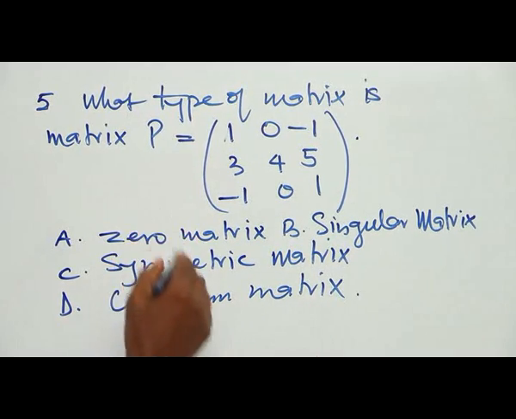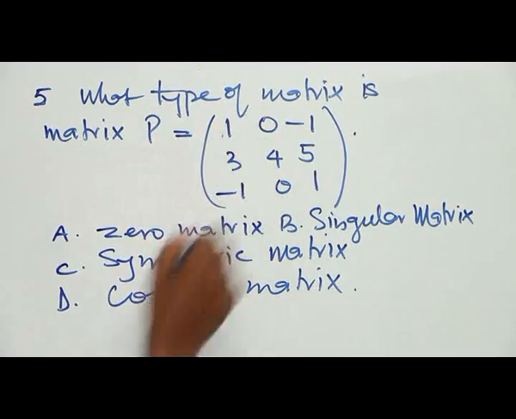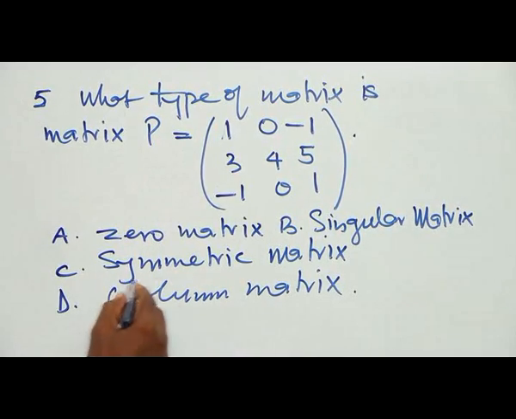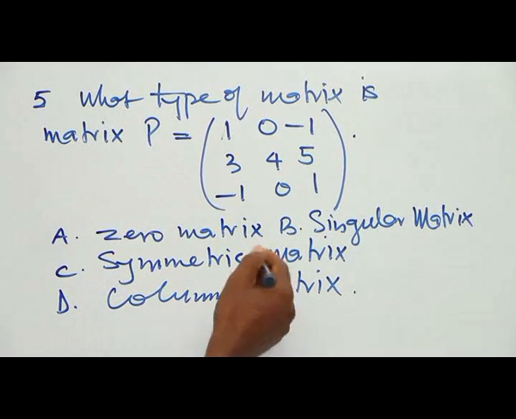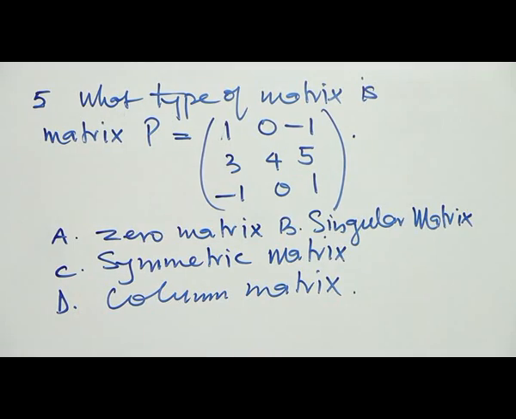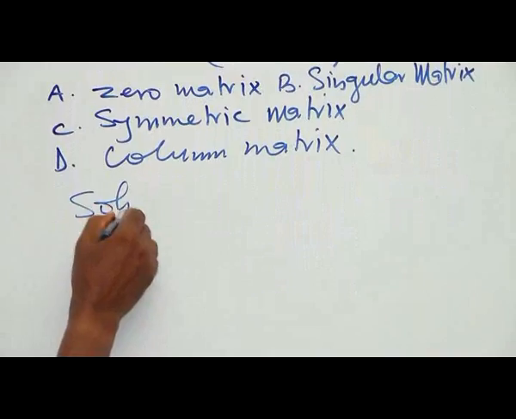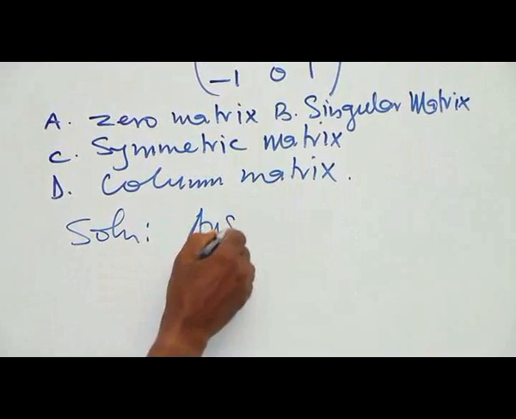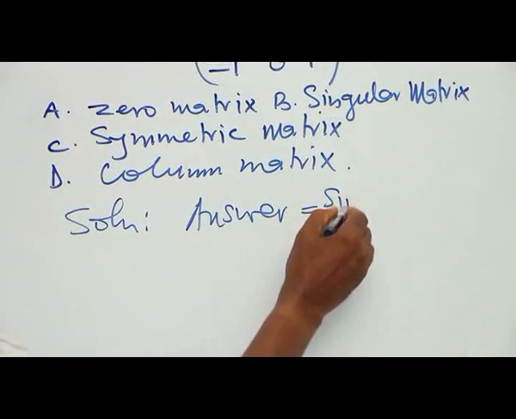A column matrix will have only a column. Here we have more than one column. Then the symmetric matrix means that when you even transpose the matrix, it will remain the same thing. The answer is a singular matrix. Answer is equal to singular matrix.